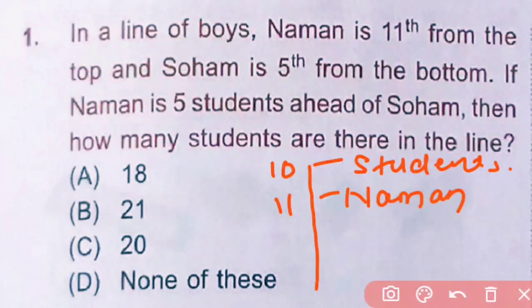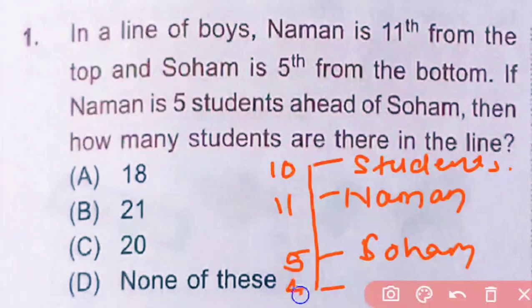And Soham is 5th from the bottom, means there are 4 students down.